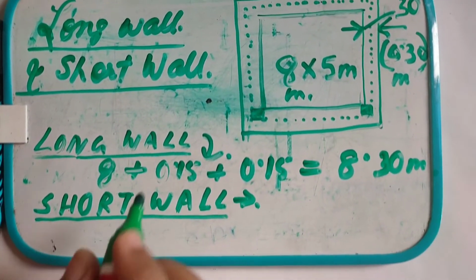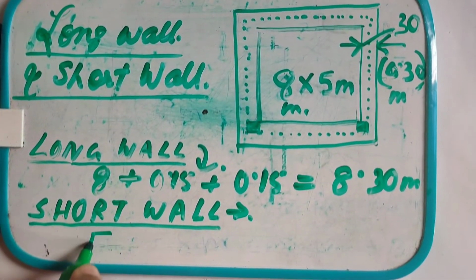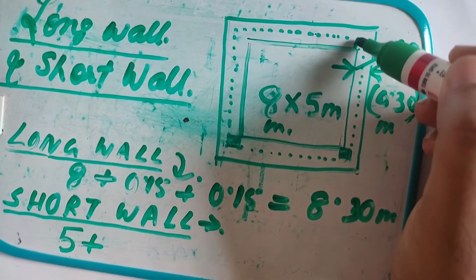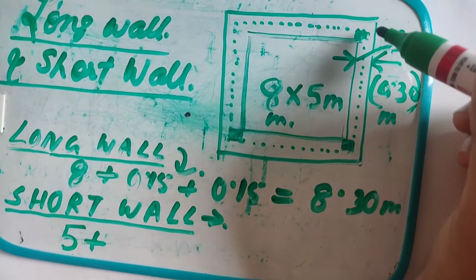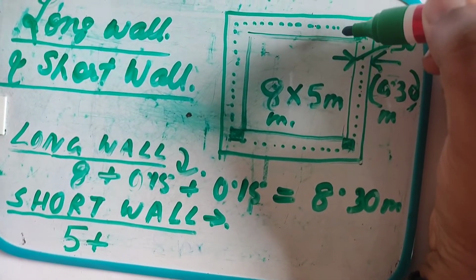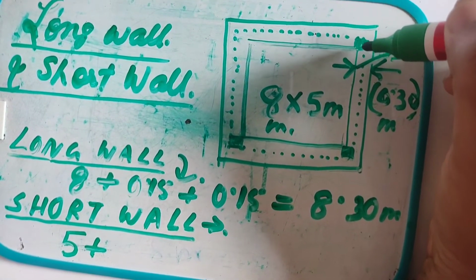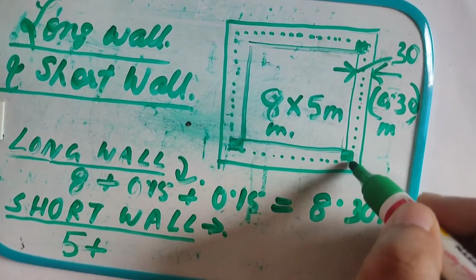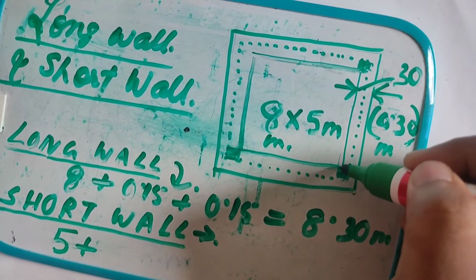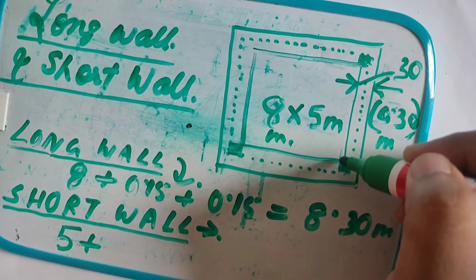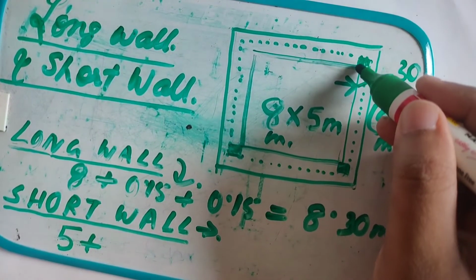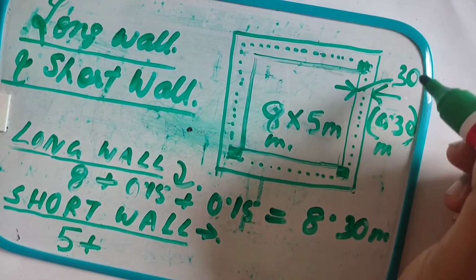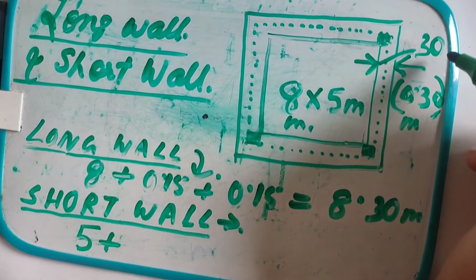Then for short wall, 5 plus again, as the thickness of this wall is also 0.30 meter, we will have to take half of it, 0.15 meter, and again 0.15 meter here also. As 5 meter is the internal dimension of the short wall from here to here, the wall thickness is also given as 30 centimeter or 0.30 meter.